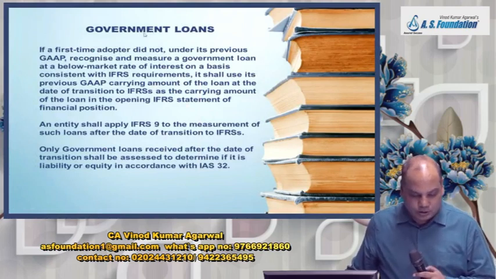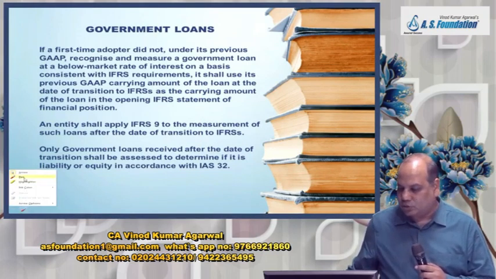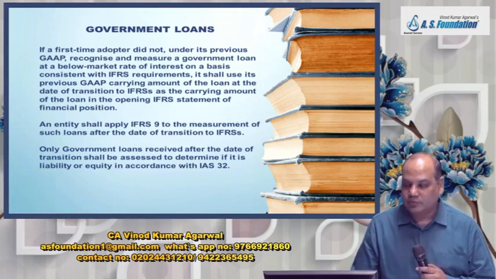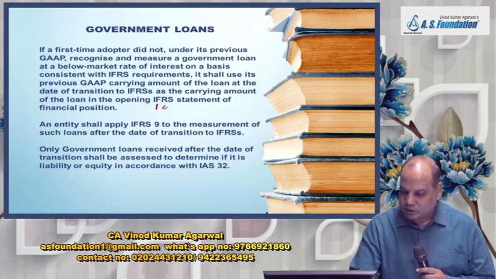And one more important adjustment is government loan. What about government loan? Sometimes government gives you a loan at a lower interest rate. In IAS 20 we have solved problems also on that. For example, the market rate of interest may be 10%.